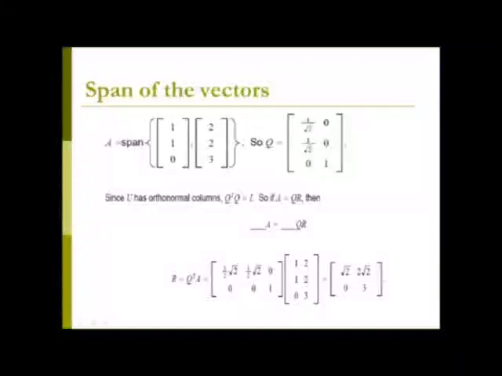So, we will find R as Q transpose, that is 1 by root 2, 1 by root 2, 0, and 0, 0, 1, multiplied with the matrix A, which contains the two vectors.